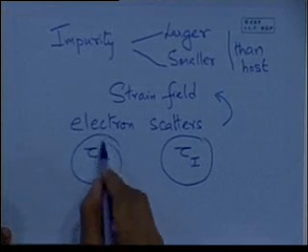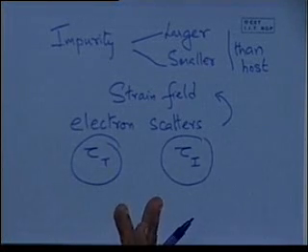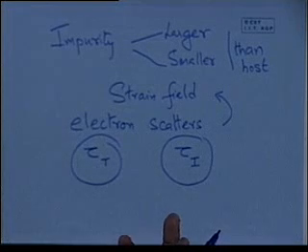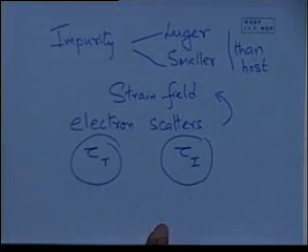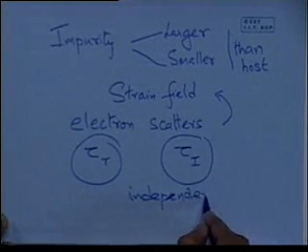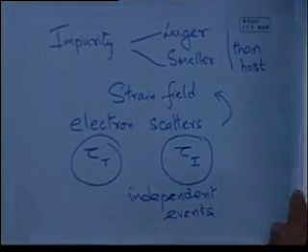And these two are events that are occurring independent of each other. Okay, just because there's no relationship fundamentally between when it last scattered, whether it was an impurity atom or a host atom, they are independent events. Okay, so both of these can occur independently. That is important when we look at the statistics of it.